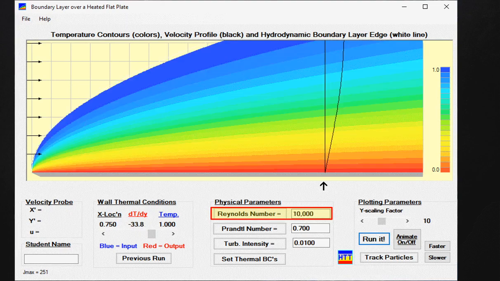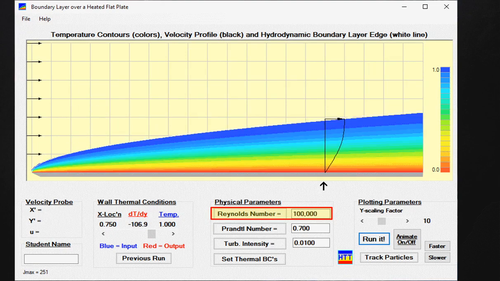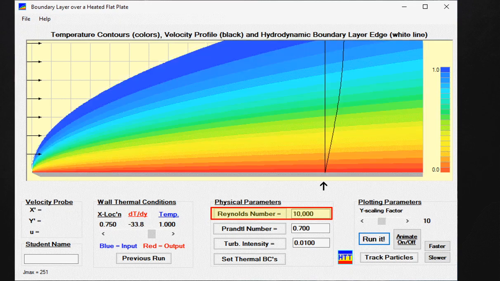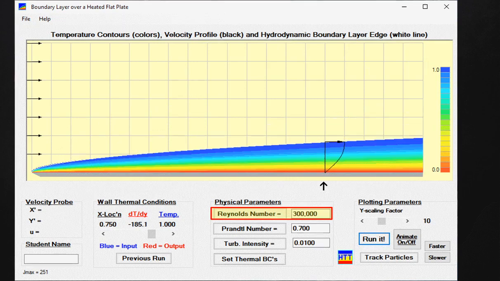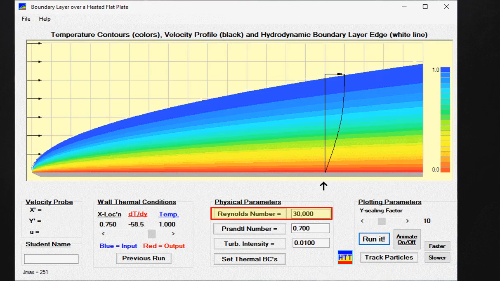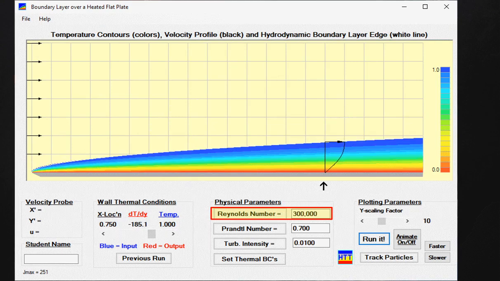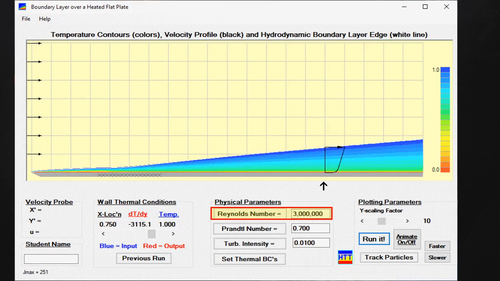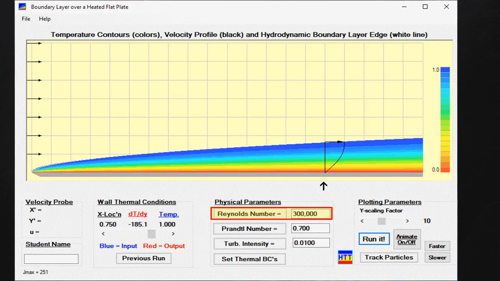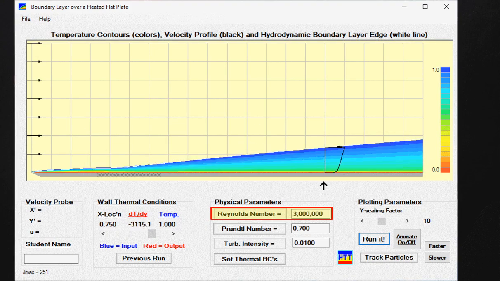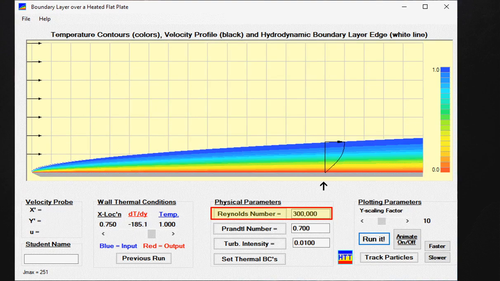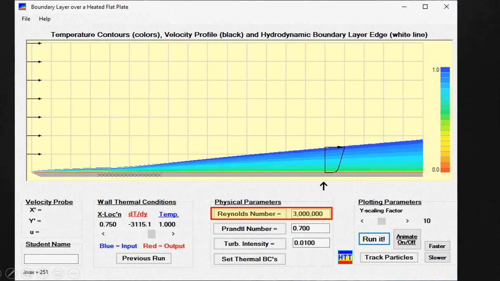Notice here that we aren't necessarily talking about the velocity in meters per second. We're rather looking at a dimensionless number, the Reynolds number, and how that changes, transitioning from, let's say, 10,000 through to 300,000. So at about 500,000 across a plate, you start to get turbulent flow being established.